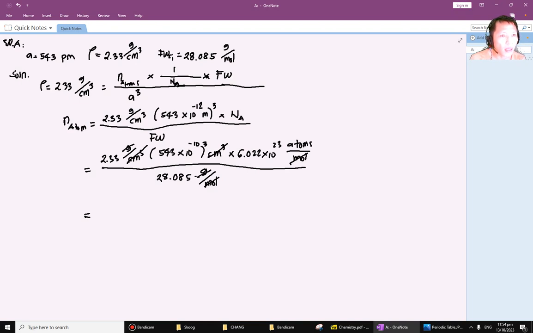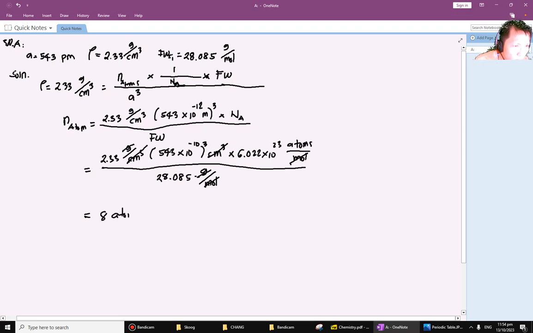I think this is the problem, that it is not one of those three types, which is the SCC, BCC, and FCC. Because the answer really is 7.98 or 8 atoms. So there's 8 atoms per one cell.